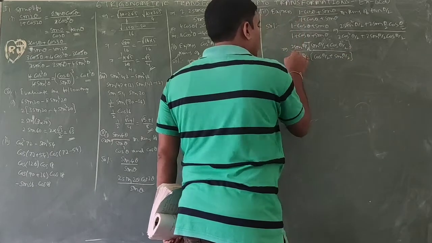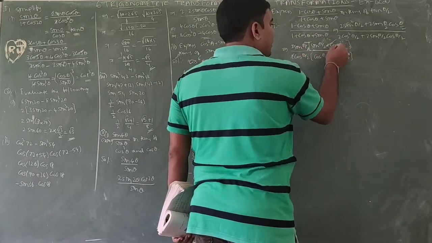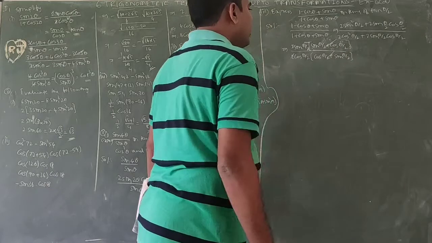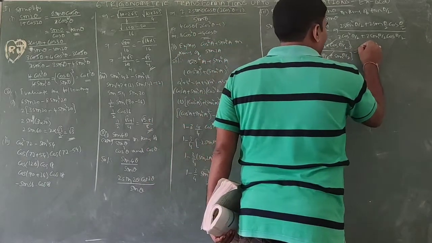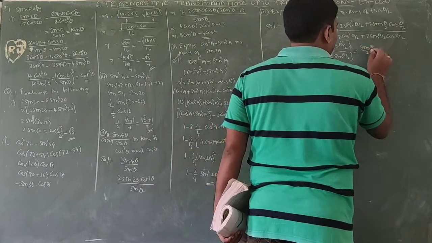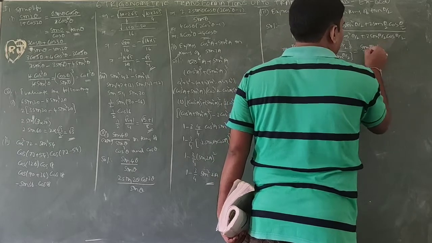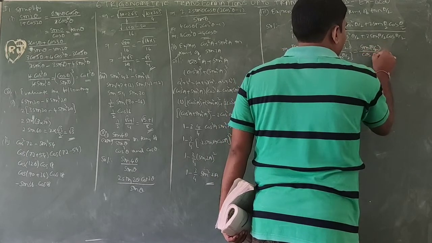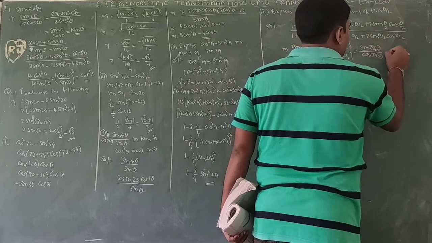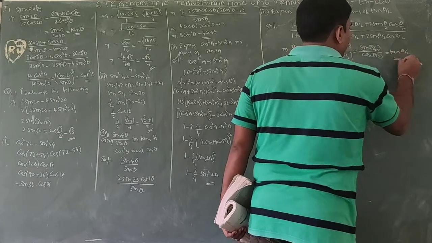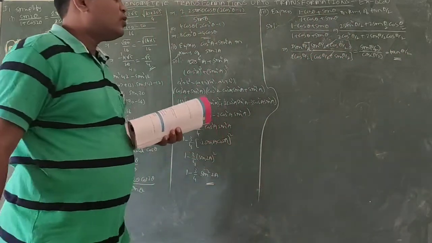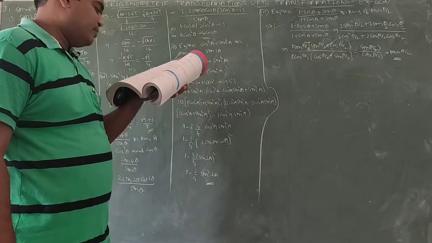If we observe, the 2 cancel, and sin theta by 2 plus cos theta by 2 get cancelled. So sin theta by 2 by cos theta by 2, sin by cos is tan, so tan theta by 2. So this is the required solution. Okay, next.